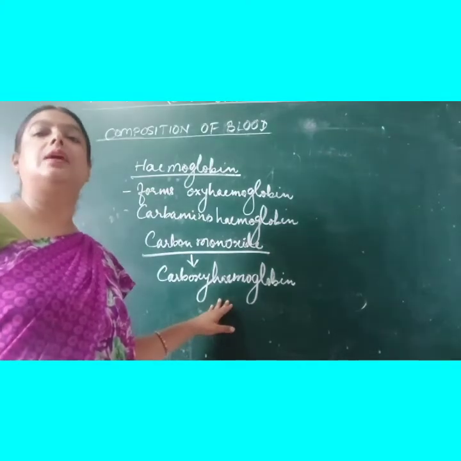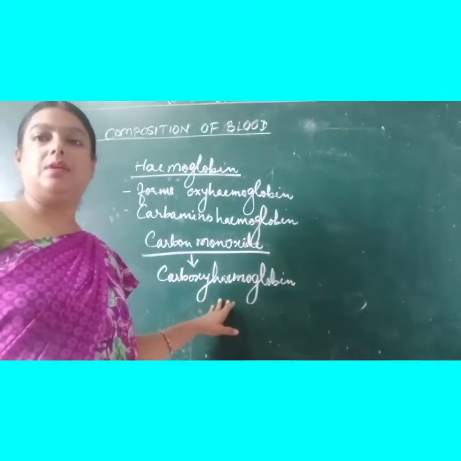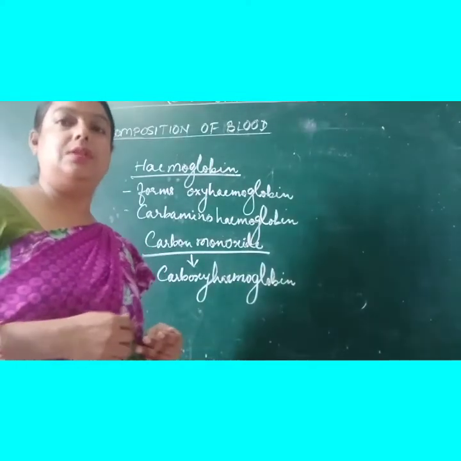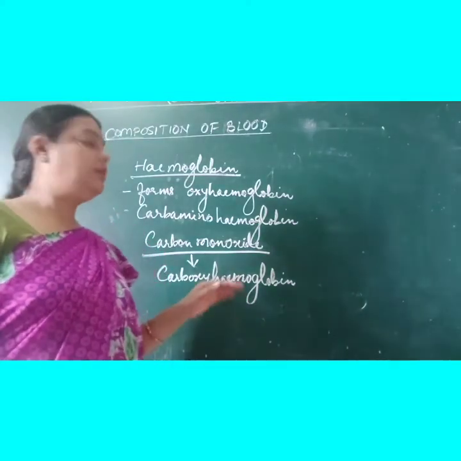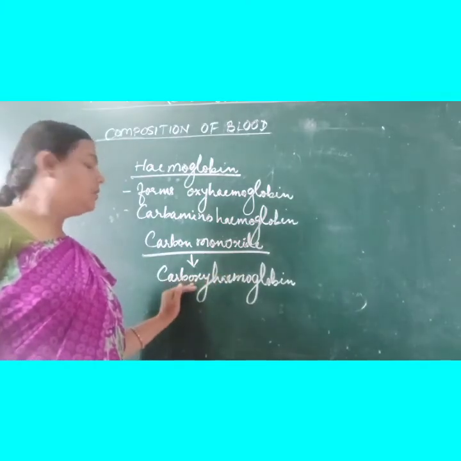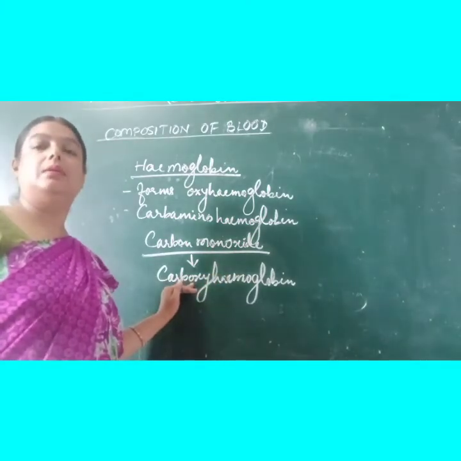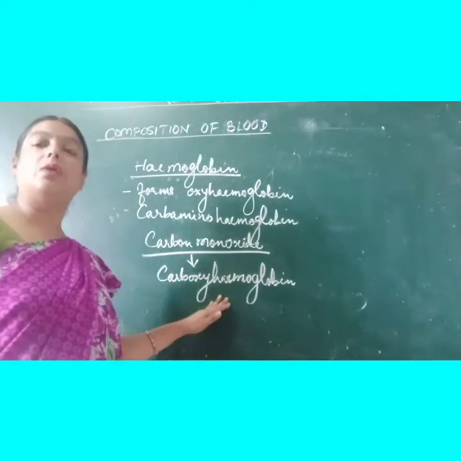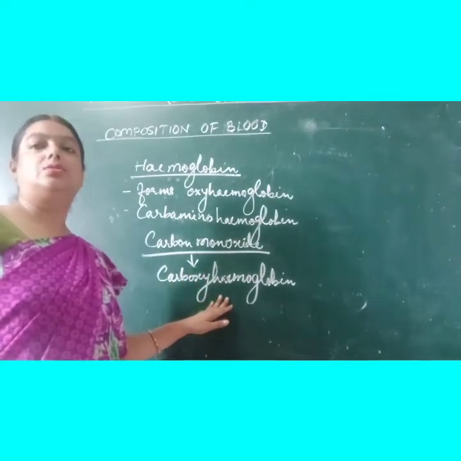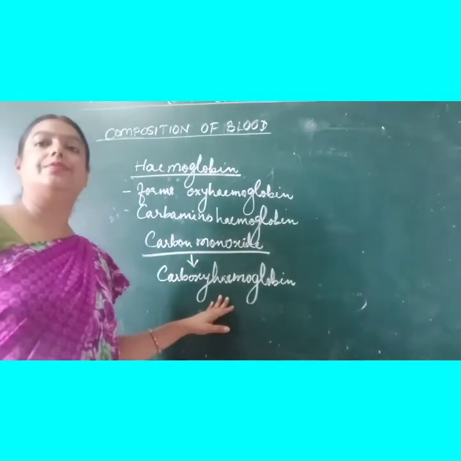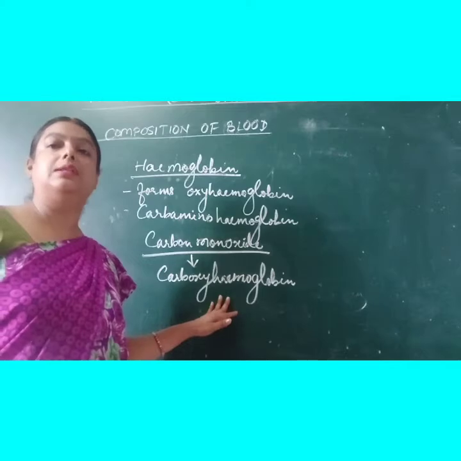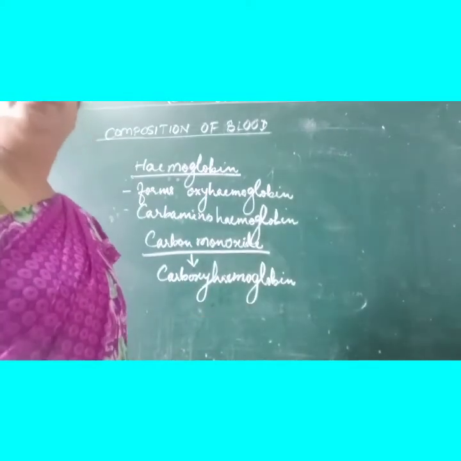What happens when people sleep near burning furnaces in a small room without proper ventilation? The hemoglobin present in the blood will combine with carbon monoxide to form this stable compound, and this results in the death of the person sleeping in that room.